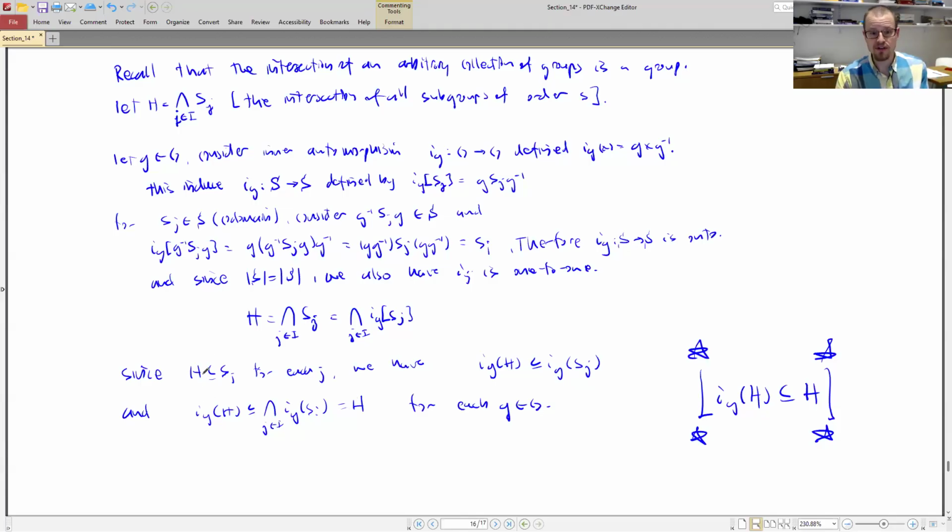We clearly have that the image of H is a subset of the image of S_j because H is a subset of S_j for each j. There's no issue here. This doesn't depend on what lies directly above. What we use this for is when we take this and then say this thing is therefore a subset of the intersection of all of those things. The intersection of all of them is where we apply this and we get H. So that's where we get our subset containment from.